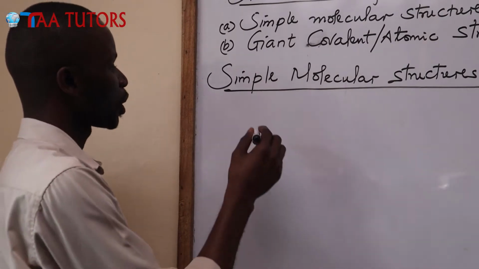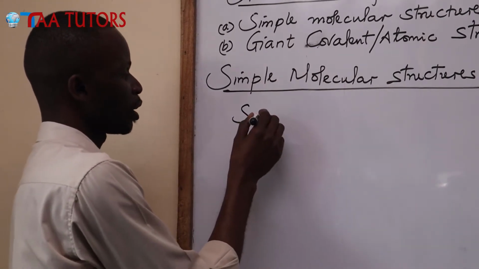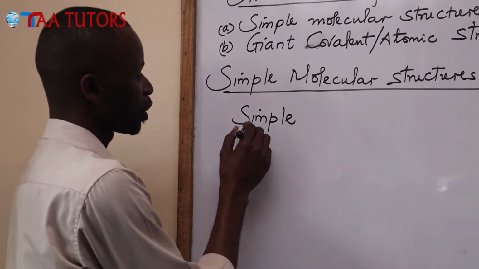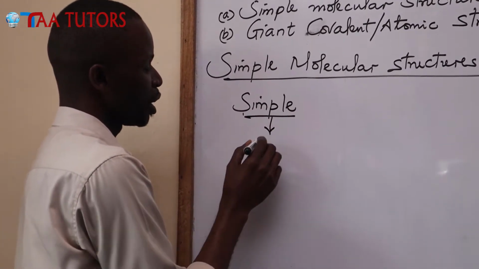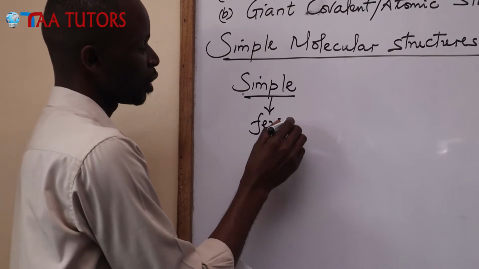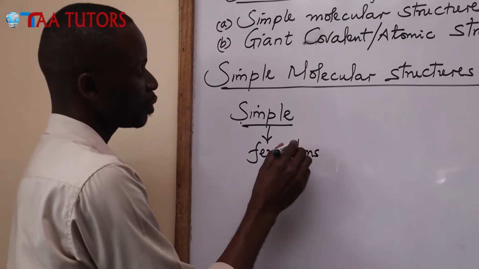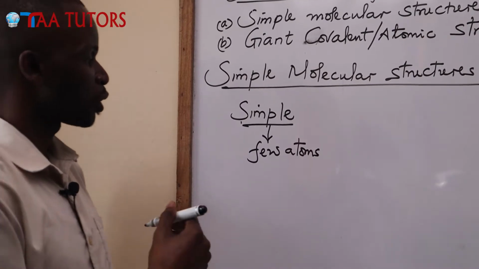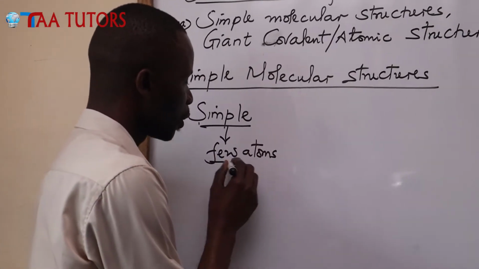When we talk about a simple molecule, the word simple here we can interpret to mean few atoms. So we are talking about a molecule, a covalent compound, a substance which is covalently bonded with very few atoms in it.